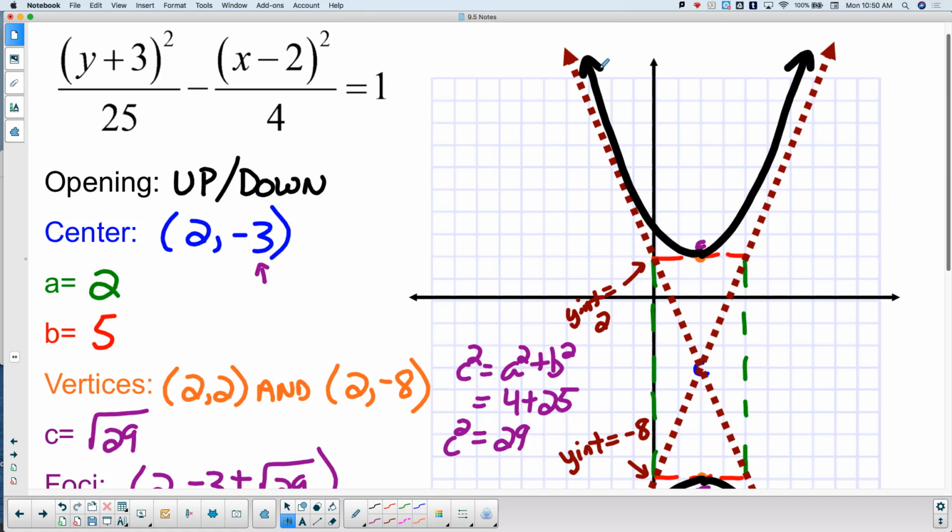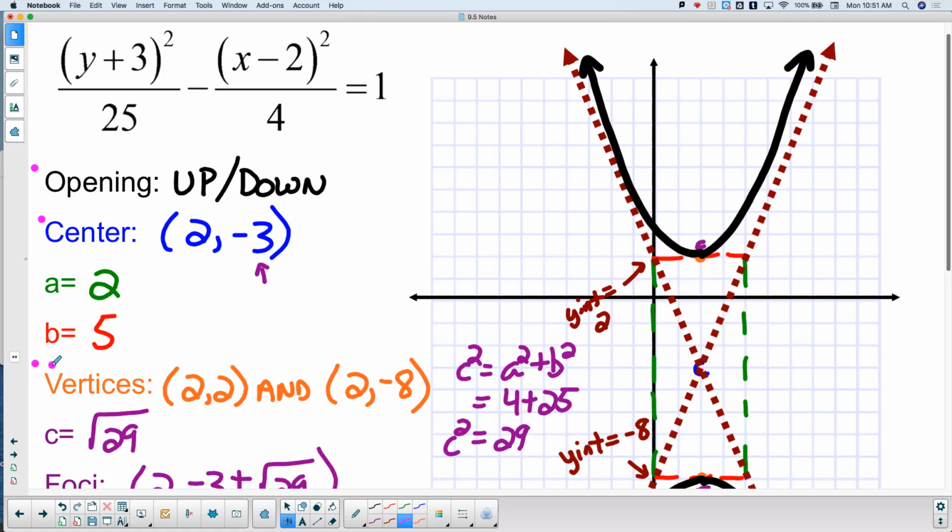That's it. So, going forward now, tonight on your homework and on Friday's quiz, the things that I will ask you for are the opening, which way it opens. I will ask you for the center. Where's the center? I will ask you for the two vertices.